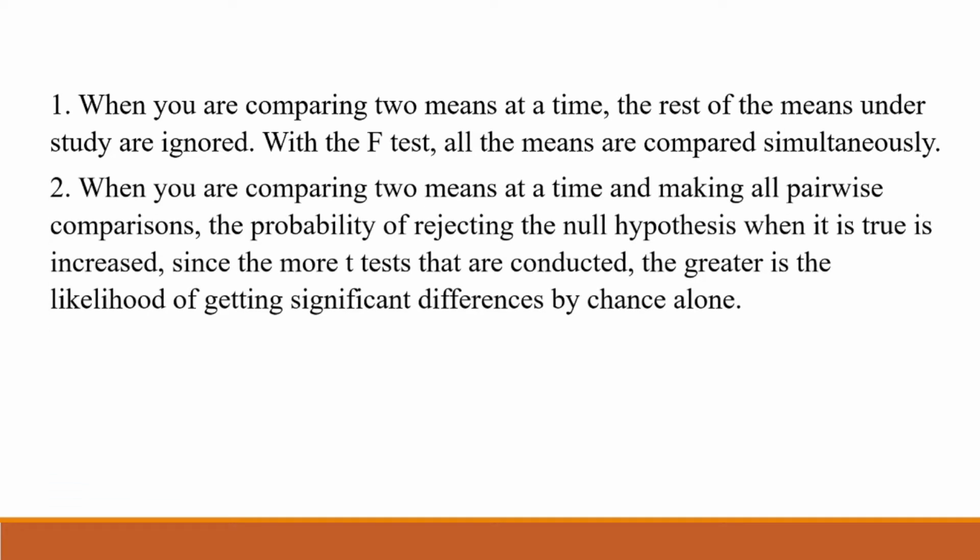When you are comparing 2 means at a time and making all pairwise comparisons, the probability of rejecting the null hypothesis when it is true is increased, since the more t-tests that are conducted, the greater is the likelihood of getting significant differences by chance alone.